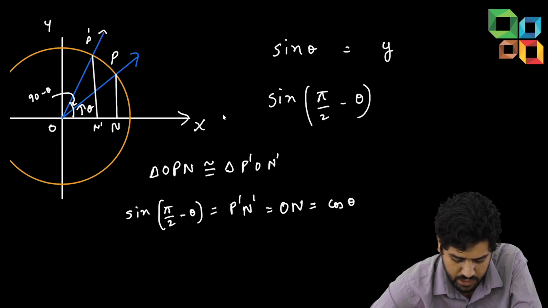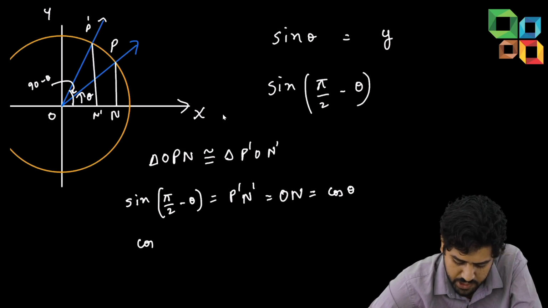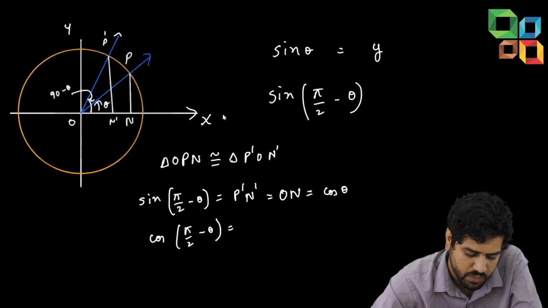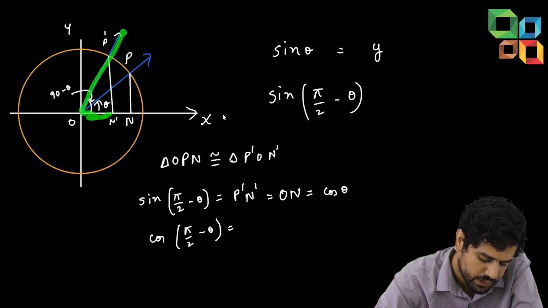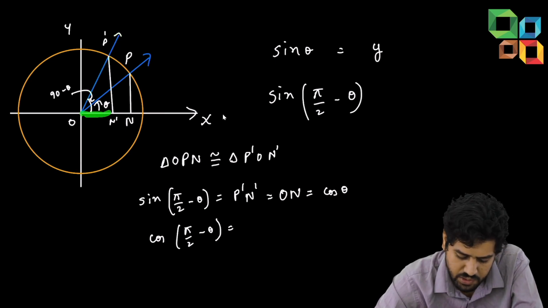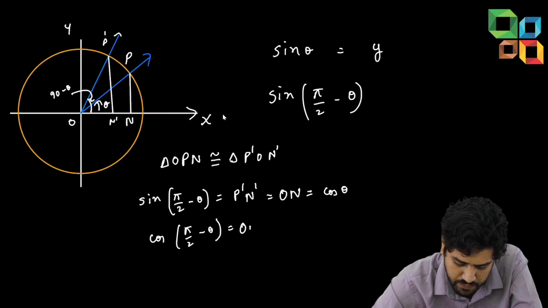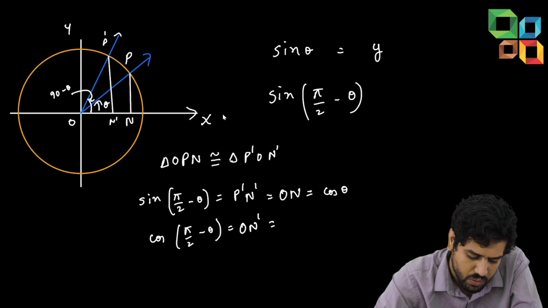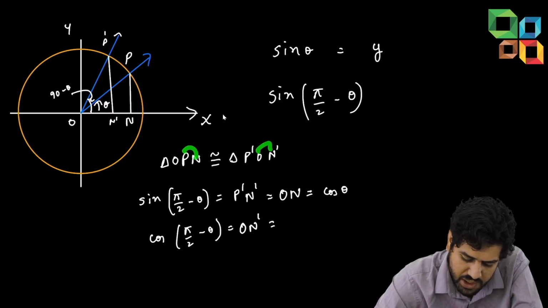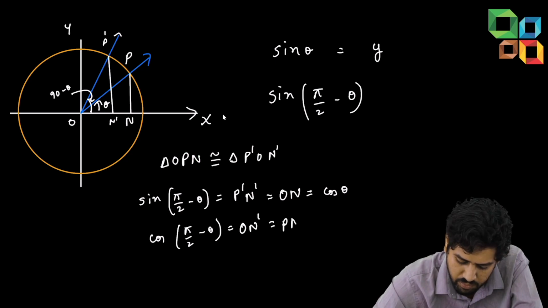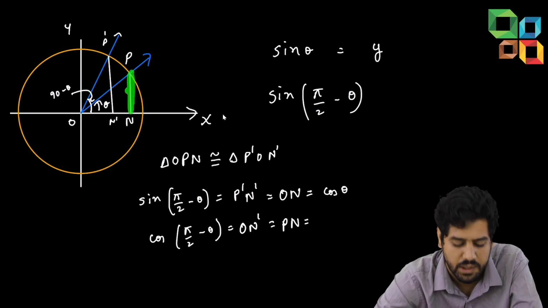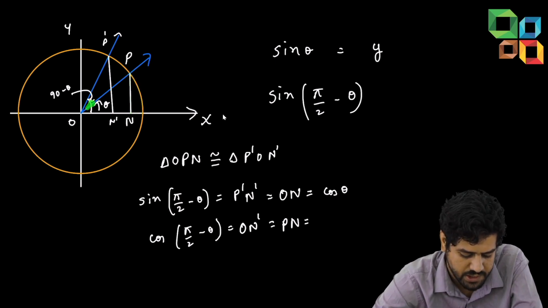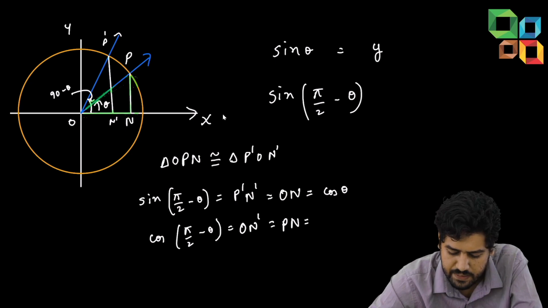What about cos of pi by 2 minus theta? Cos will be the x coordinate of this ray, right? X coordinate is ON dash, right? And ON dash is same as PN, right? PN is nothing but the height here, isn't it? The height in the original triangle, and the height is sine theta.